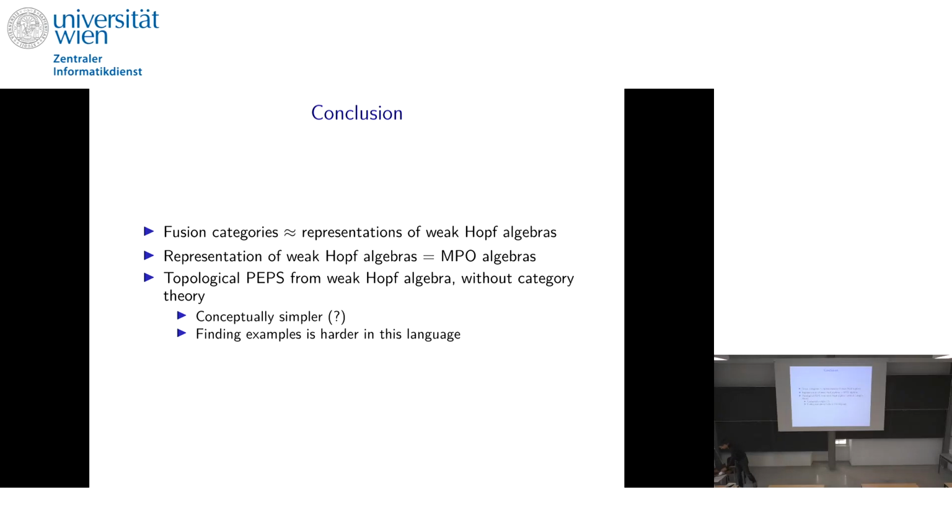Okay, so basically what happens is, what I tried to stress is that for the pulling through equation, you need an element lambda. Then you take the coproduct of lambda and you multiply with an algebra element on the left.